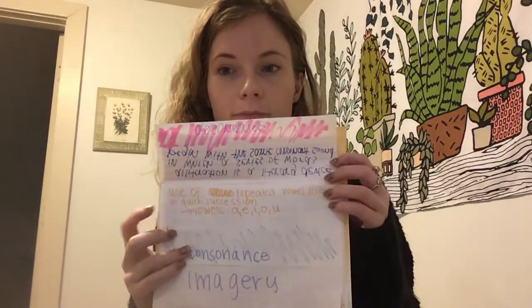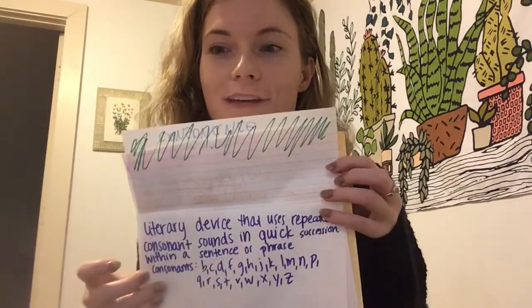The next word is consonants. You may notice they have the same root. So consonants is going to start with a C. Now is C a vowel or a consonant? C is going to be a consonant. So I also went ahead and wrote down all of the consonants.